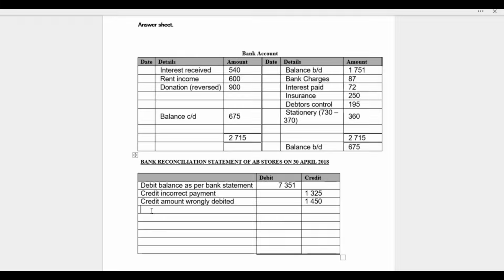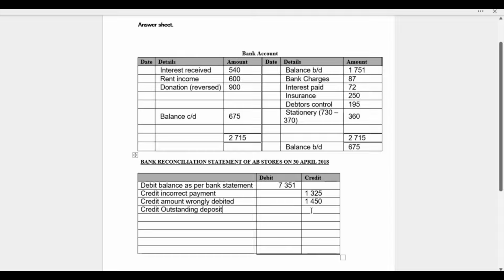Now, so we're going to say credit outstanding deposit. But it doesn't matter even if you mix them up, as long as the amounts that are supposed to be debited are debited and the amounts that need to be credited are credited, it's still fine.